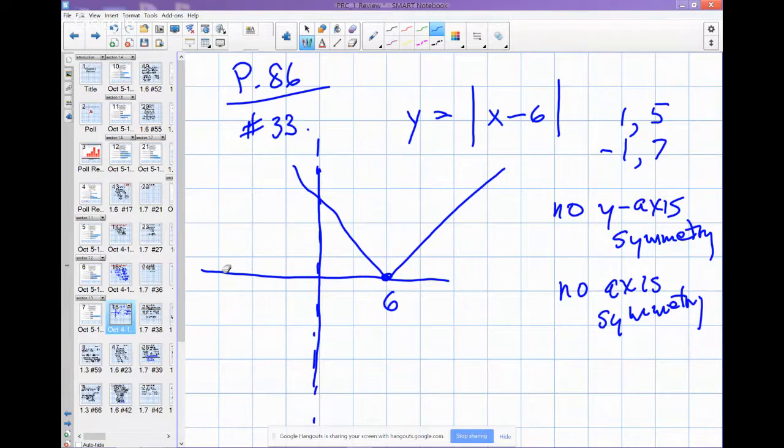Does x-axis have symmetry? No, because then the same thing should be below. But actually, even though there's no official symmetry, there is a folding point at x equals 6. So what you were supposed to do on that one is say there is no x-axis, no y-axis symmetry. And so when I sketch it, at least those two types of symmetry didn't help me.